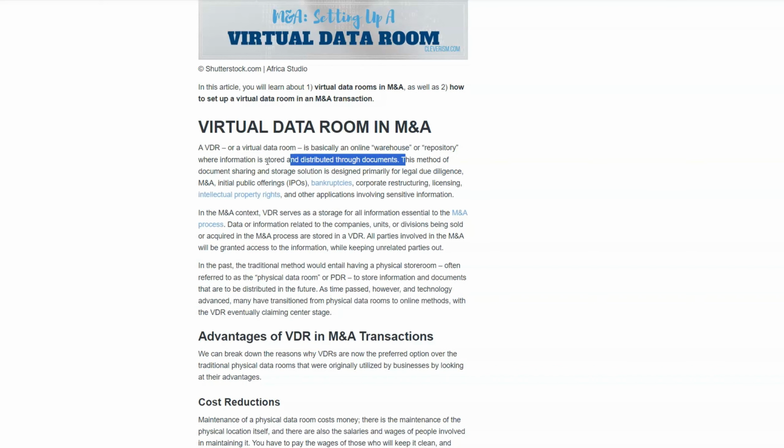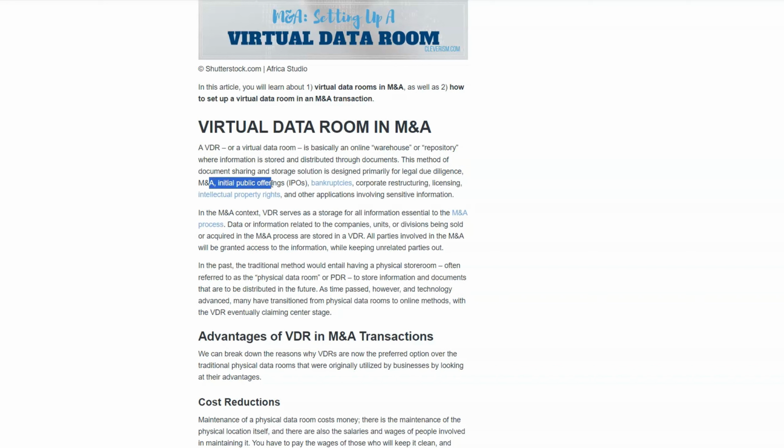This method of document sharing and storage is designed primarily for legal due diligence, M&A, initial public offerings (IPOs), bankruptcy, corporate restructuring, licensing, intellectual property rights, and other applications involving sensitive information.